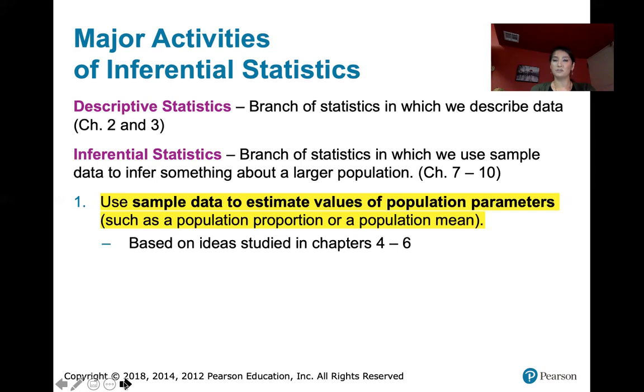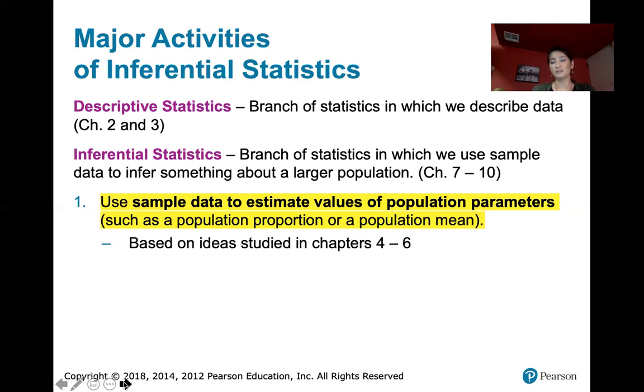Let's look at the distribution of a sample mean or a sample proportion or a sample standard deviation, and then see if we can use that to say something about the corresponding population proportion or the population mean or the population standard deviation. So all of that was in chapter 6 when we studied normal distributions.